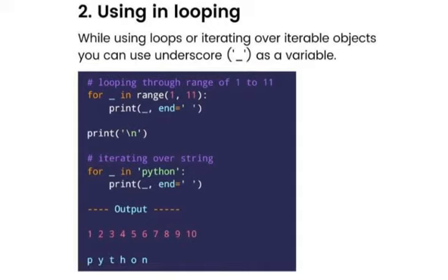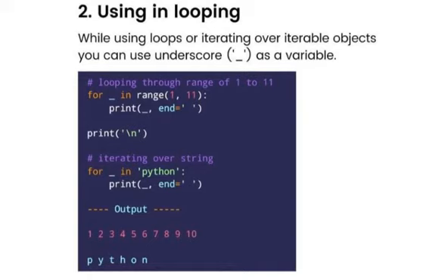Using underscore in looping. Look at the program. Look at the code here. For underscore in range 1 comma 10. 1 comma 10 means you display the numbers from 1 to 10.